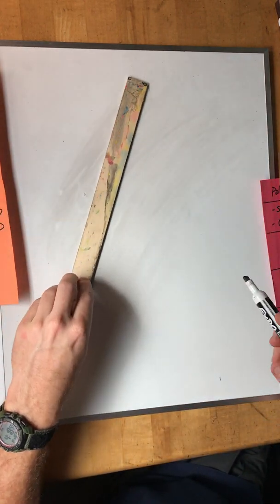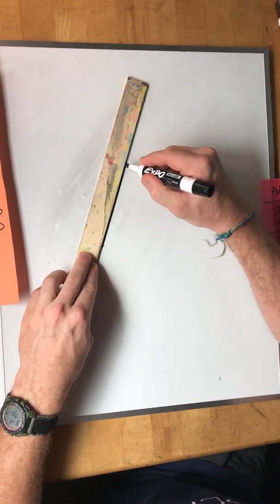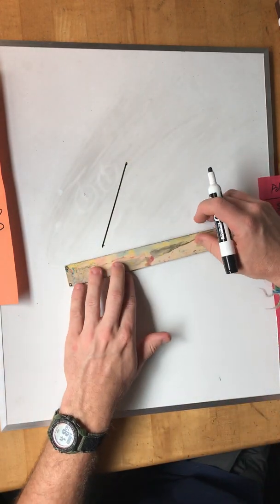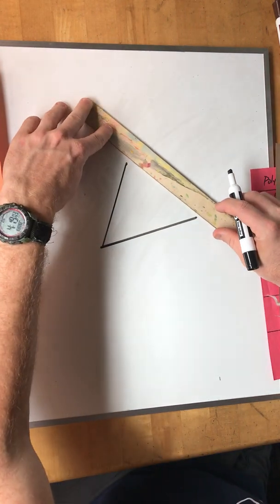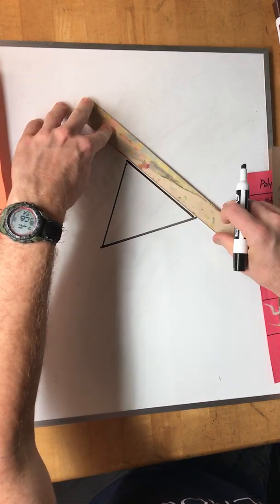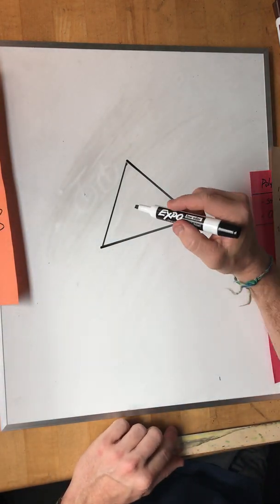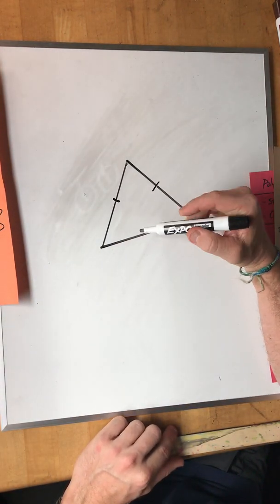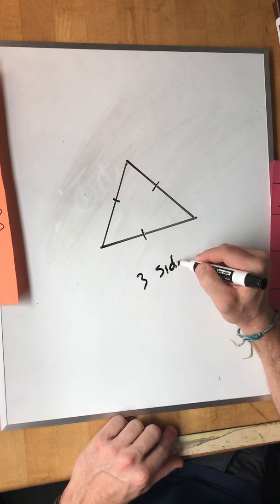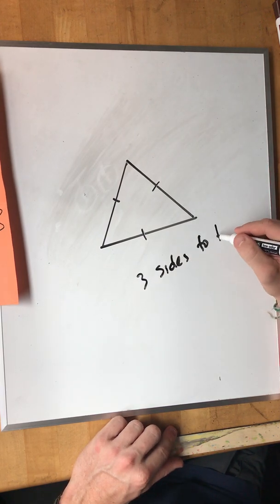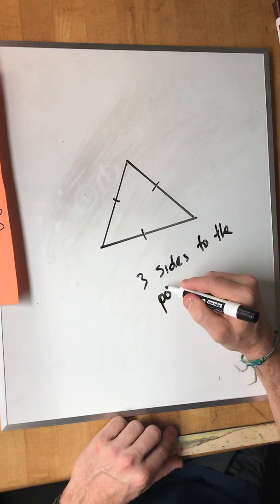I'm going to draw you one polygon. One straight side, another straight side, and a third straight side. 1 side, 2 sides, 3 sides. 3 sides to the polygon.